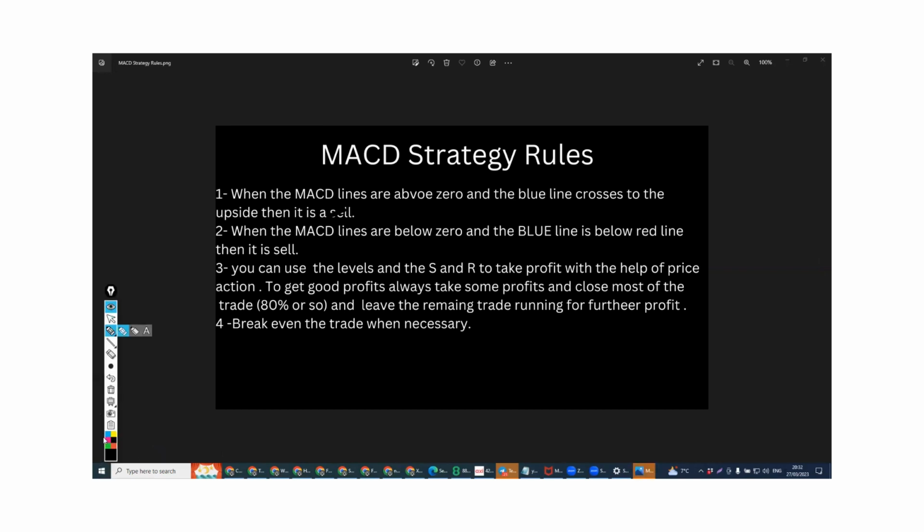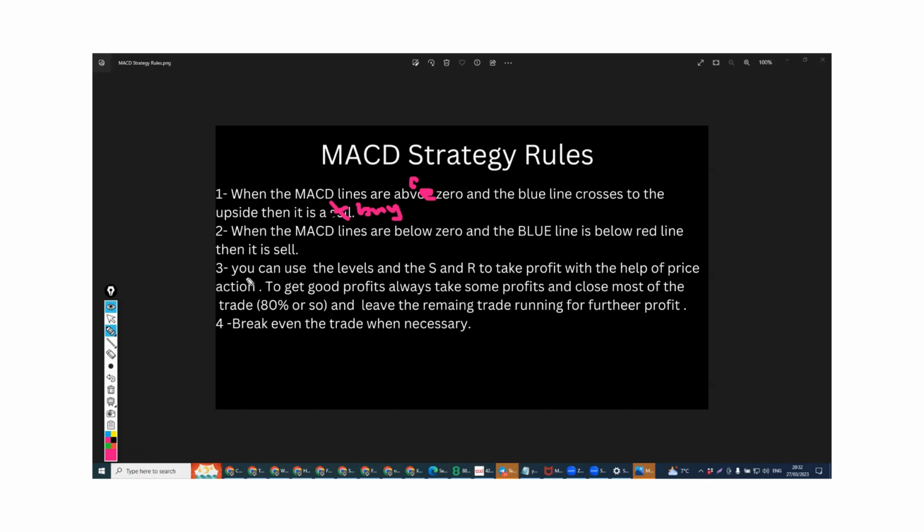Let me change the color. It will be buy here. So above zero, and okay. When the MACD lines are below zero and the blue line is below the red line, then it's a sell.